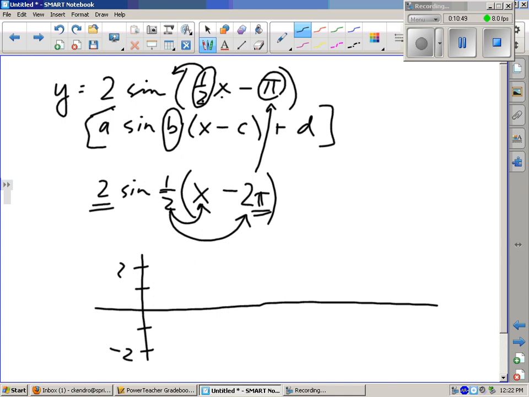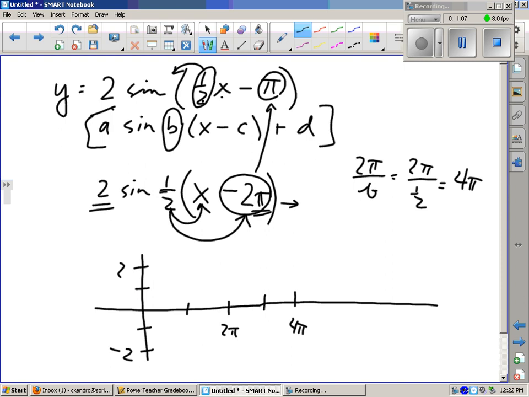I'm going to figure out 2 pi over b is 2 pi over 1/2, which we said before was 4 pi. So 1, 2, 3, 4 pi. And then I know this means I'm going to have to go to the right 2 pi more. So there's 5, there's 6 pi. So I've set up my grid here to accommodate all the changes that I've had.